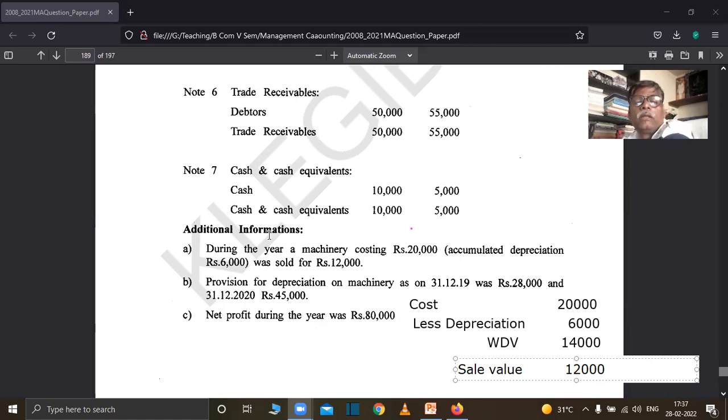You have to prepare the machinery account and provision for depreciation account first.